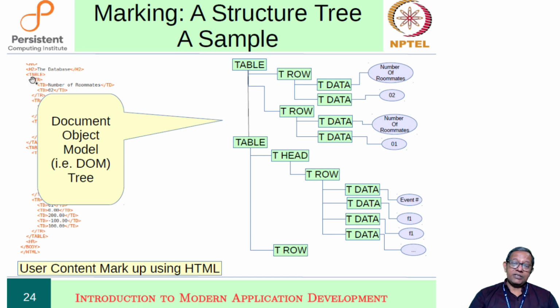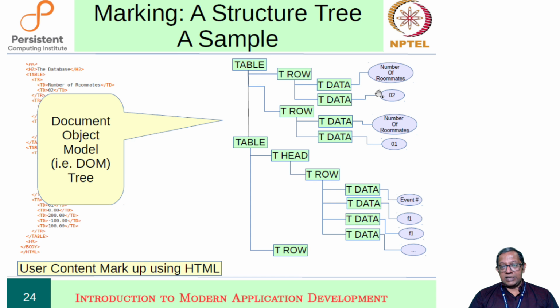We are showing the tree structure here for the table part of the system. This is a sample part of the HTML page. A table is made up of some rows, one or more rows. Each row is made up of some data. This data is represented by an ellipse.